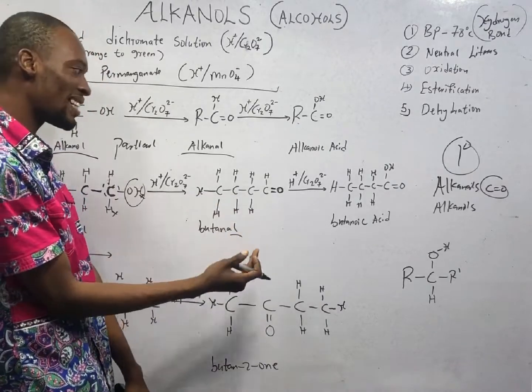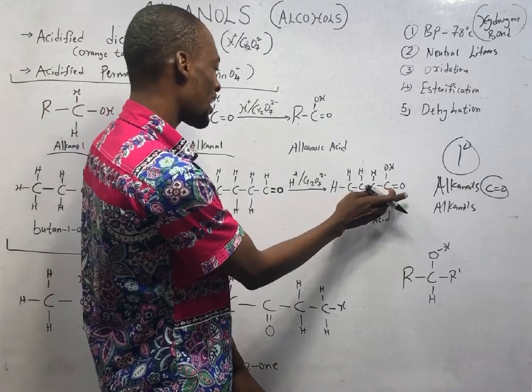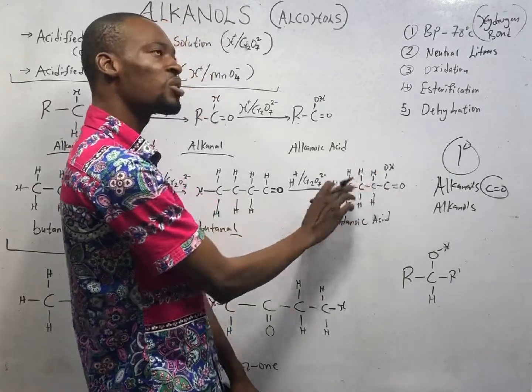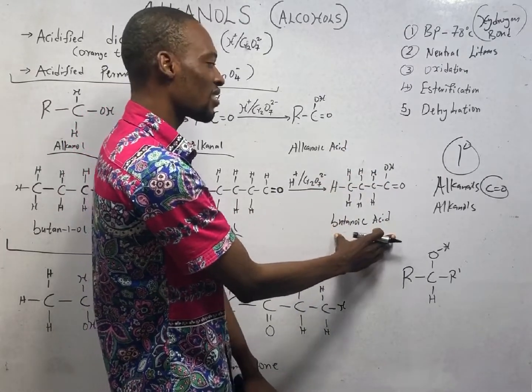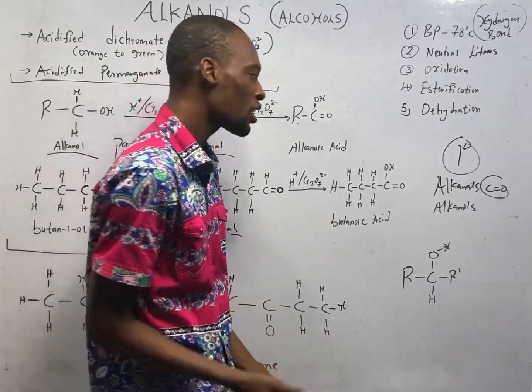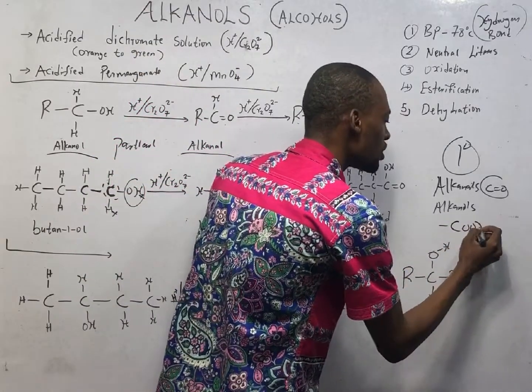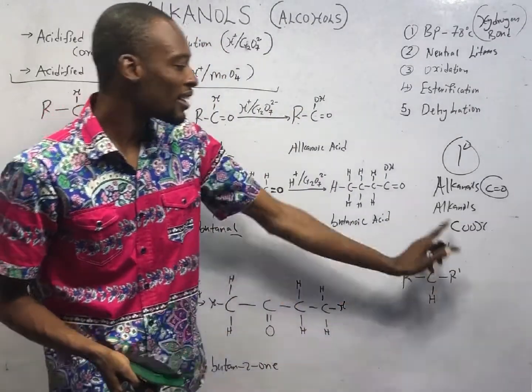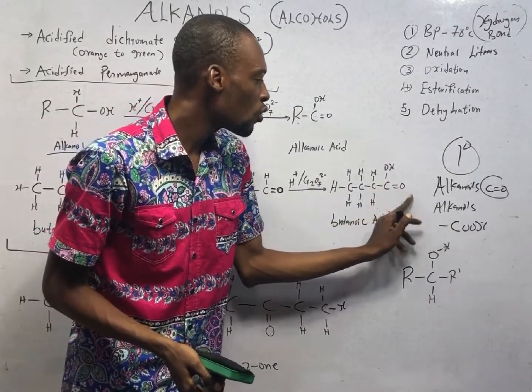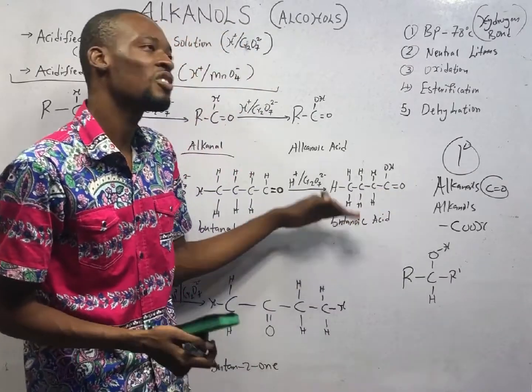When you further oxidize, you form alkanoic acid, which is addition of oxygen to form butanoic acid. Alkanoic acid has the functional group COOH. Meanwhile, alkanols have OH. So when you add another O here, you form COOH. That is alkanoic acid.